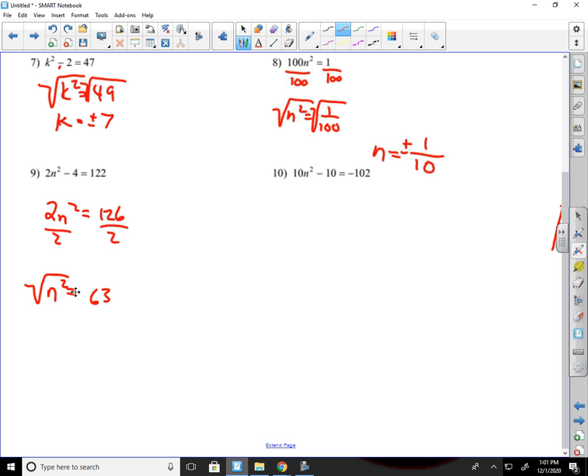Take the square root of both sides. I can simplify the 63 to 9 and 7, and 3 and 3. 3 comes out in front. It's n equals plus and minus 3 root 7.